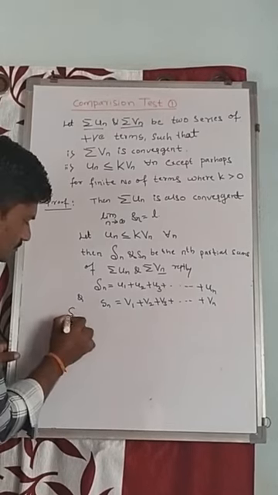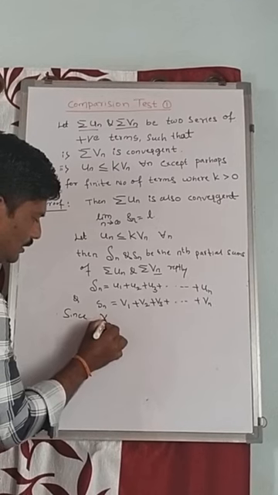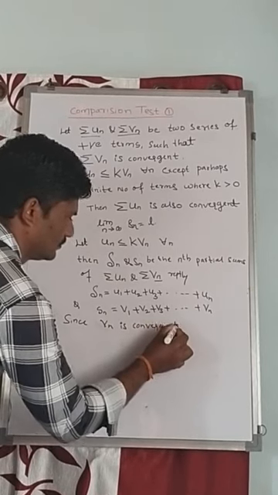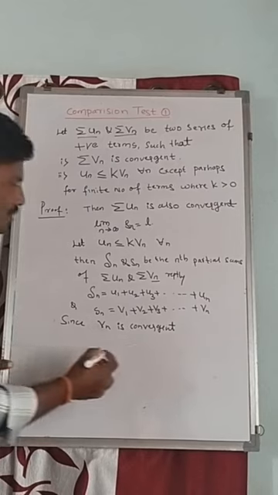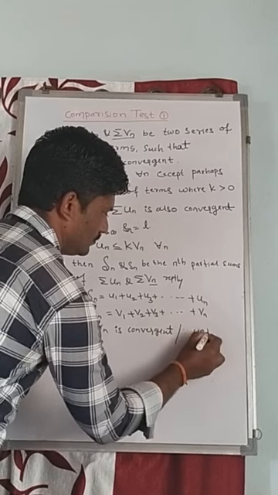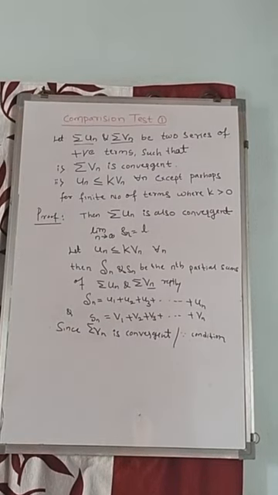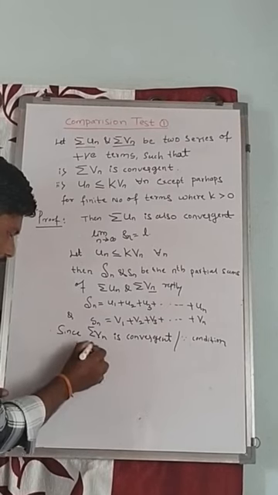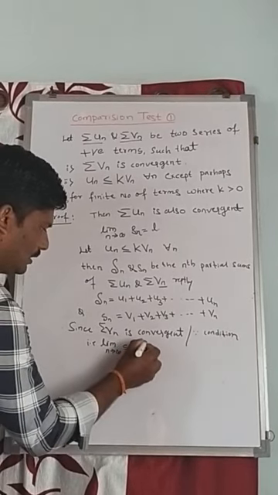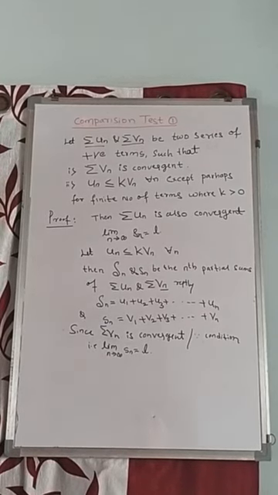Since summation of vn is convergent because of condition 1, limit n tends to infinity small sn equals L, which is a finite and unique quantity.